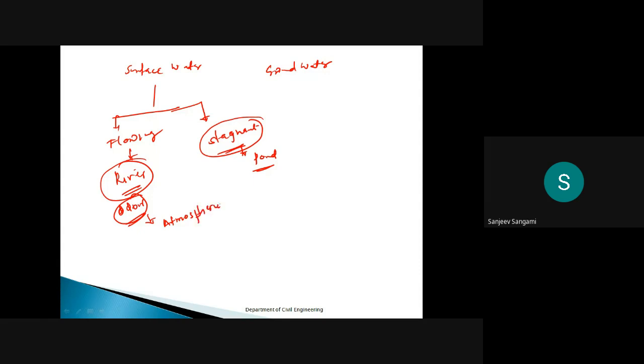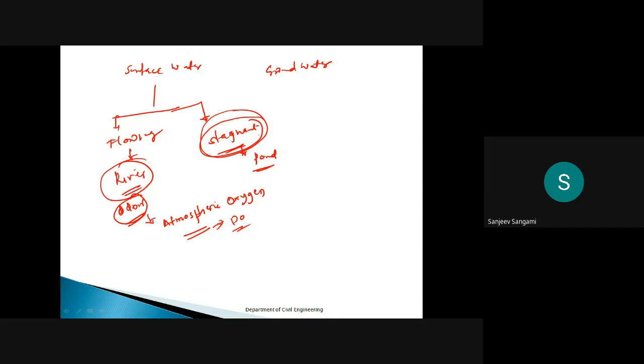If any dead trees are there, when the water moves from one place to another, whatever smell is there will be replaced with atmospheric oxygen. Definitely the DO will increase. But here that will not happen. There will not be any movement, and there will not be any layer by layer movement of the water.